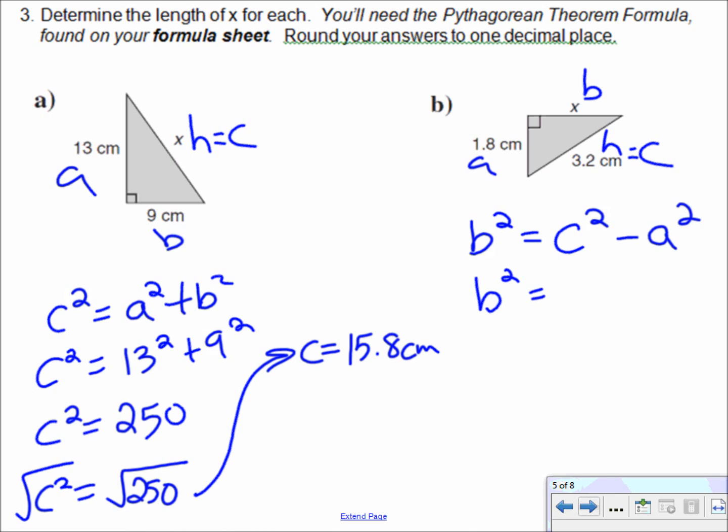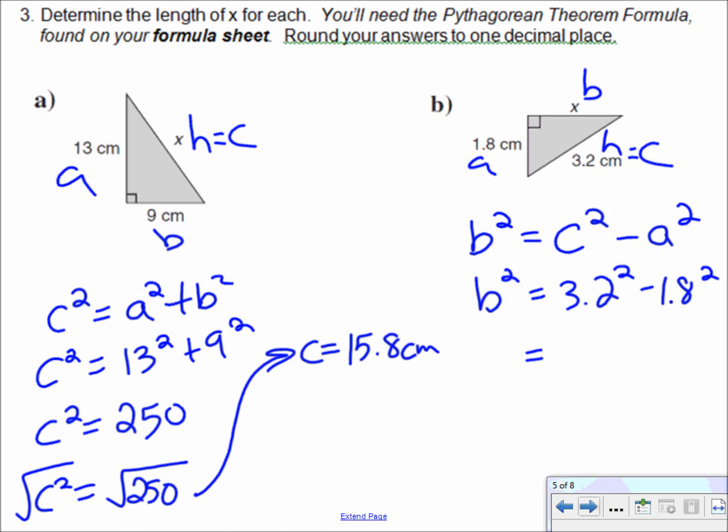So B squared is equal to 3.2 squared minus 1.8 squared. So 3.2 to the exponent 2 minus 1.8 to the exponent 2.